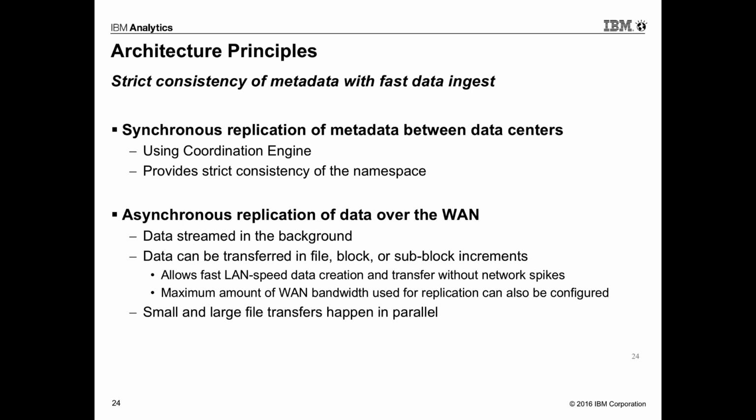So it uses that coordination engine, which I'll explain, and then it allows data to be streamed in the background. Not only that, like I mentioned, it doesn't have to wait for the file to be actually closed or fully written. It can transfer files in block or sub-block increments, and small and large file transfers can happen in parallel.